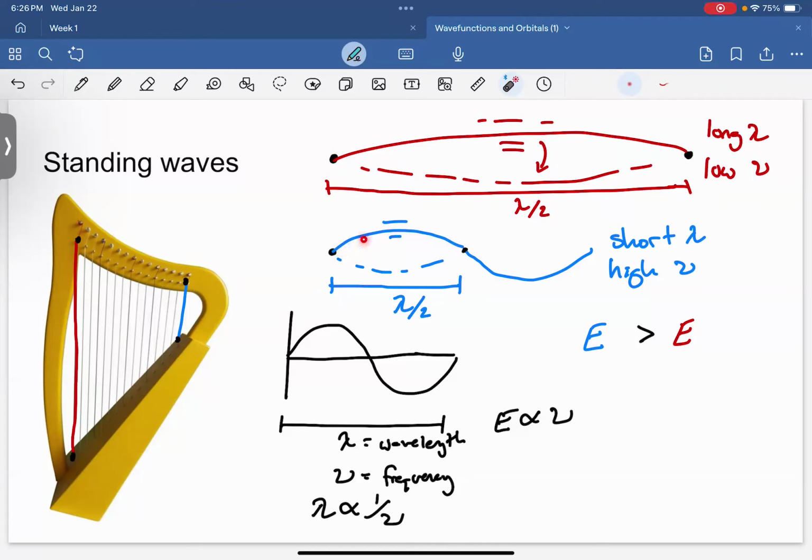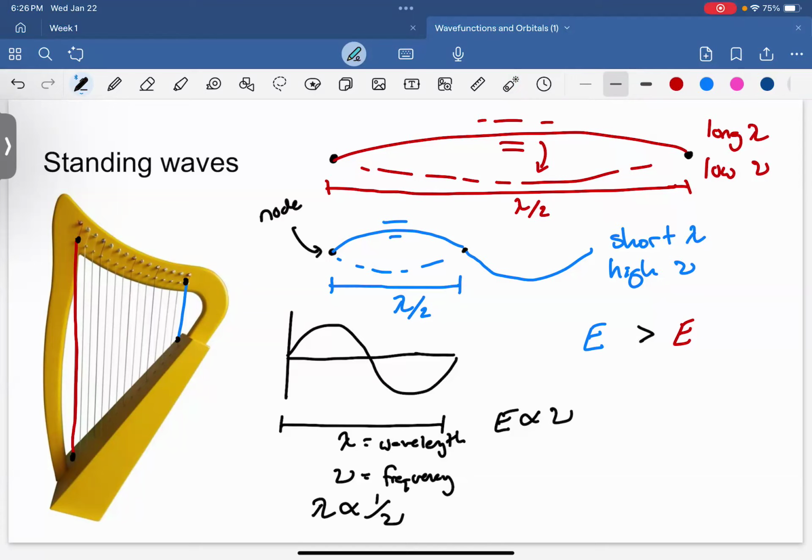They are always going to be at 0, whereas even as the string passes to the bottom, that point is still fixed, because it's literally fixed in place by the fixtures on this harp. And so as far as the standing wave of these strings is concerned, this is a node.